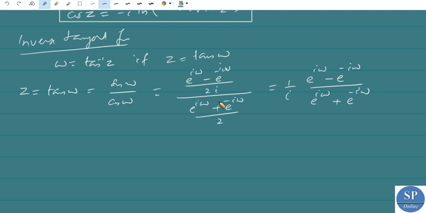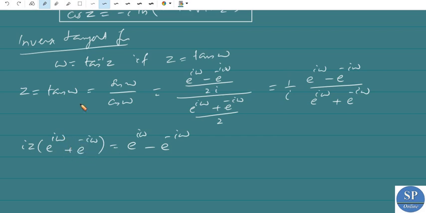The 2 gets cancelled. So z is equal to this. Multiplying, we can write i into z into e power iw plus e power minus iw is equal to e power iw minus e power minus iw.